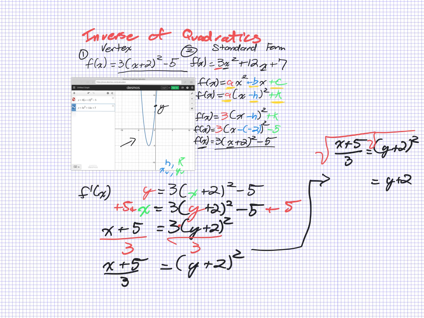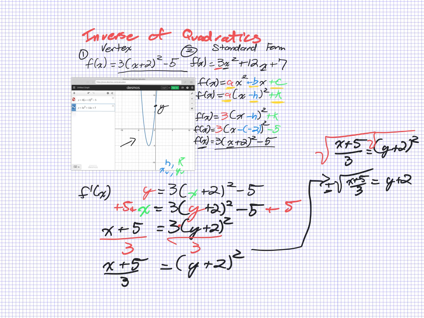And technically, on the left-hand side, you can think of that as a root function, x plus 5 over 3. And there's both a positive and a negative answer to this. Because when you square root something, you can have both the negative and positive version. That's going to be important when we go to graph it. We'll show it on the graph one more time.